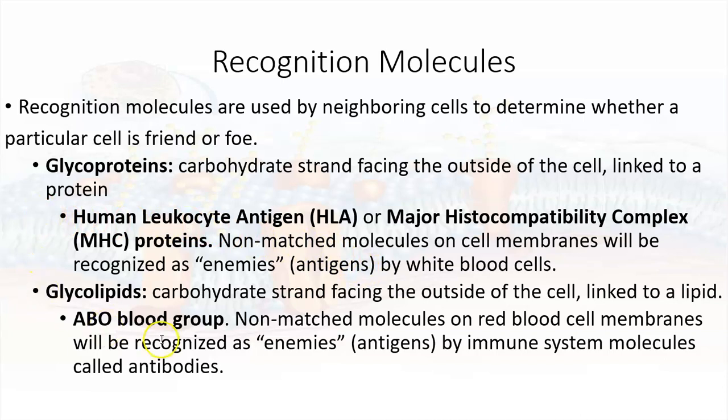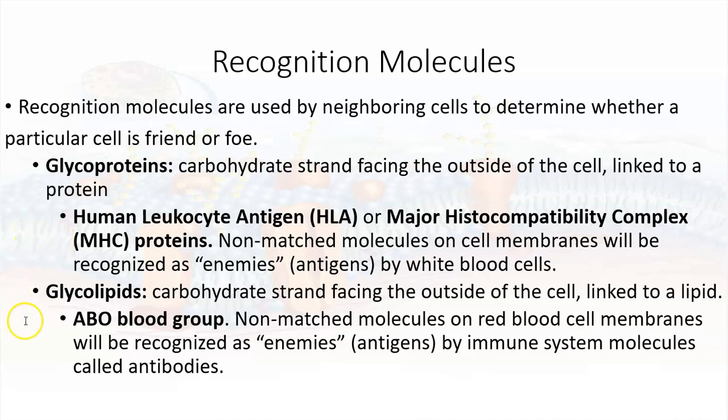If you have a glycoprotein that doesn't match what the immune system is expecting, that cell is going to be attacked. In the case of these glycoproteins, and the glycolipids for that matter, if you don't have one of these, if it's just lacking altogether, that cell is going to be ignored by the immune system. So lack of identification is not a problem. It is the wrong identification that's the problem here.